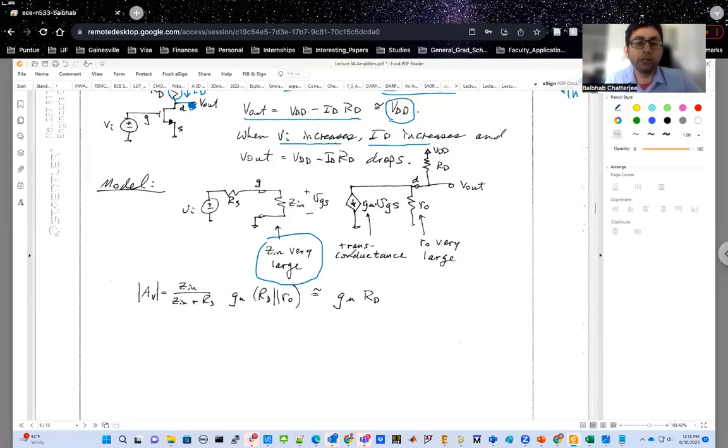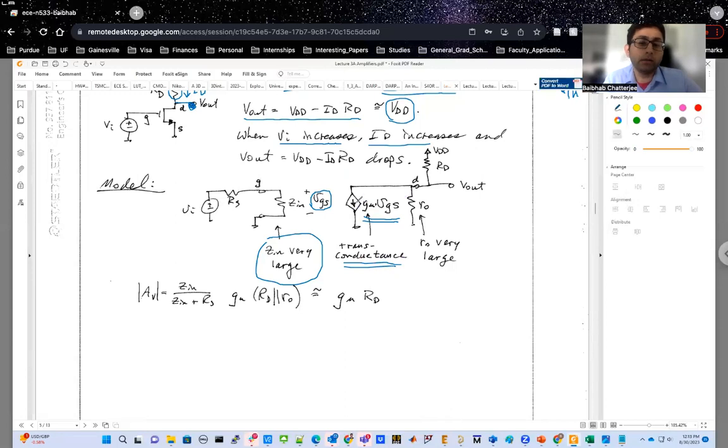So you have a transconductance amplifier, which means that if your input is a voltage, VGS, your output will be GM times VGS, where GM is the transconductance. So GM multiplied with VGS creates a current. Or in other words, GM is basically current over voltage. So you're converting a voltage to a current, that's why the name conductance. And remember, conductance is 1 upon resistance.